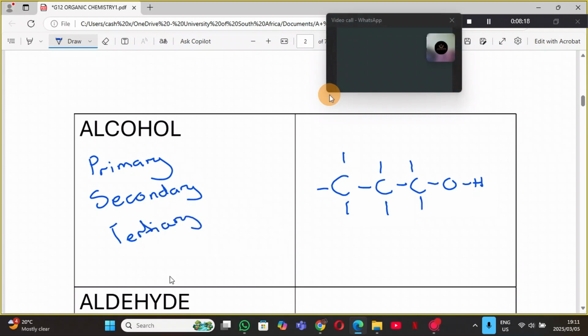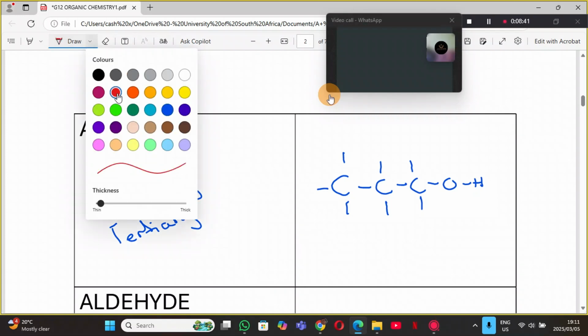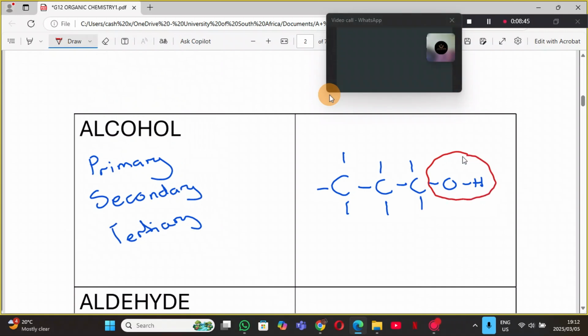Alright? What do you think is the difference between these 3 alcohols? Is it the placement of the alcohol, or like the position where it is? Yes, it's the placement of this OH part, right?